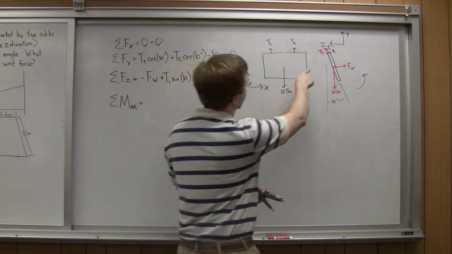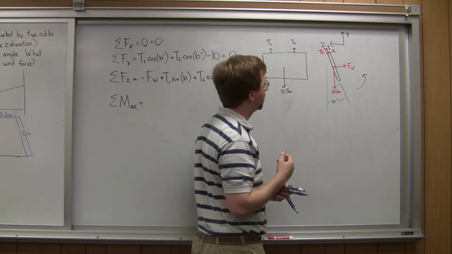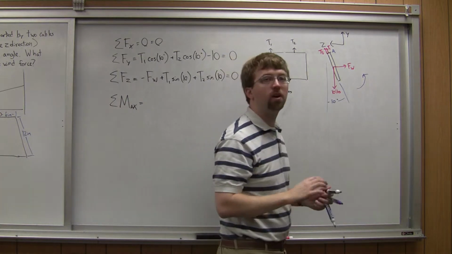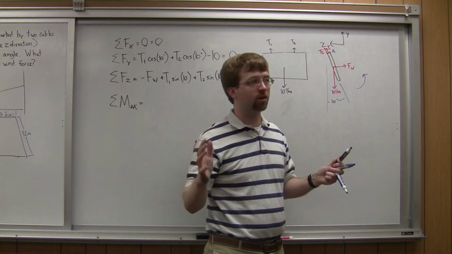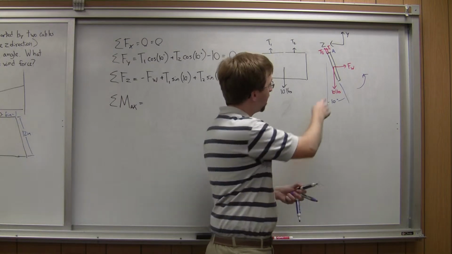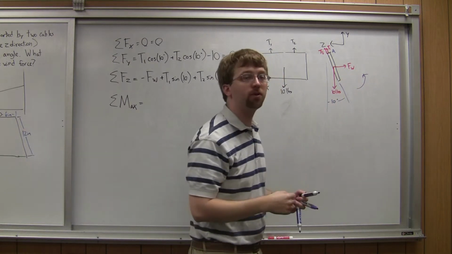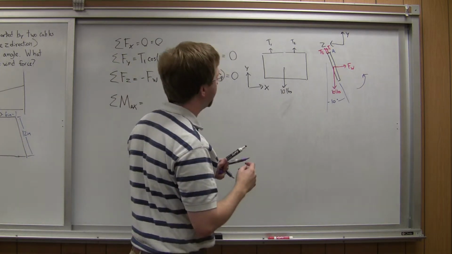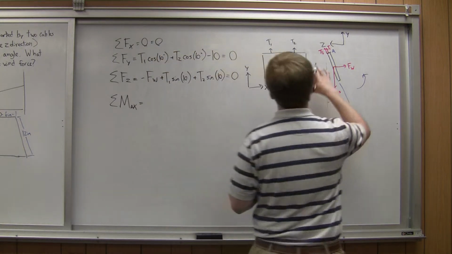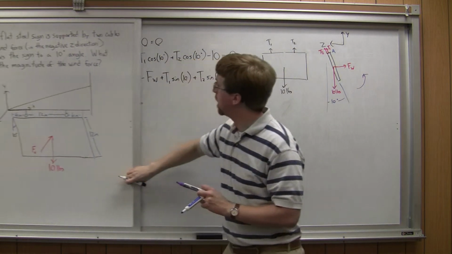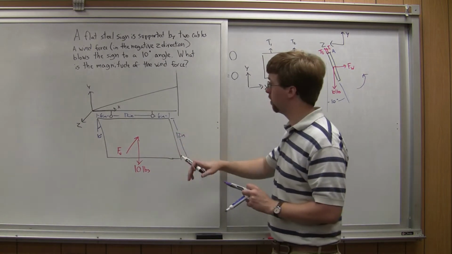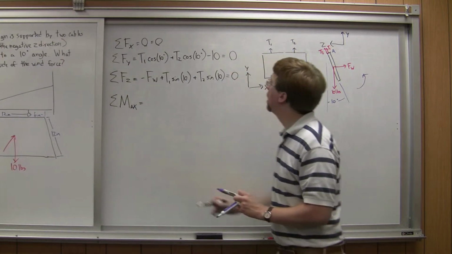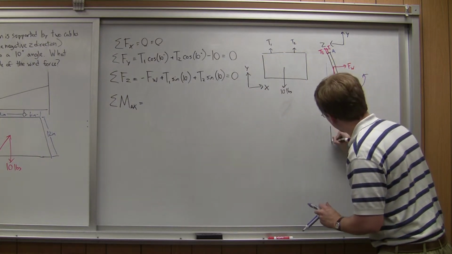And I can use this diagram where I'm looking down the x-axis to find the moments. So if I'm taking moments about point A, T1 and T2 are acting right through that point. Those aren't going to exert a moment. But the 10-pound force and this wind force are both going to exert a moment. So first thing I need to do is determine some of these distances. My sign was 12 inches long. Right in the middle, it's 6 inches from the bottom to the center. And so if I draw out a triangle, this is going to the middle of the sign.